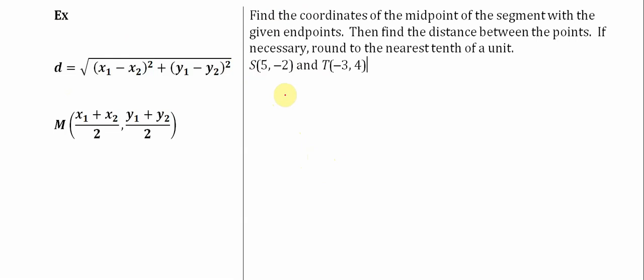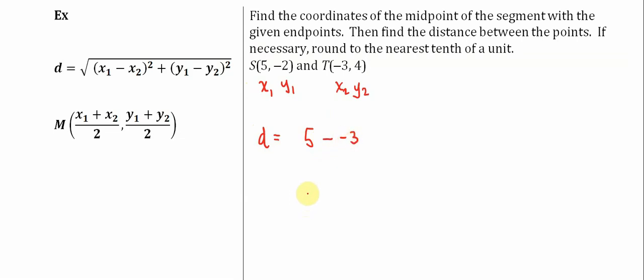I want to make sure that we're able to work through these problems. All right, so we can think about it this way: that 5 is x1 and this is y1, the x and y coordinate of the first point, and the x, y coordinate of the second point. So this is x2 and this is y2. If we use this distance formula, the distance is equal to x1, which is 5, minus -3.